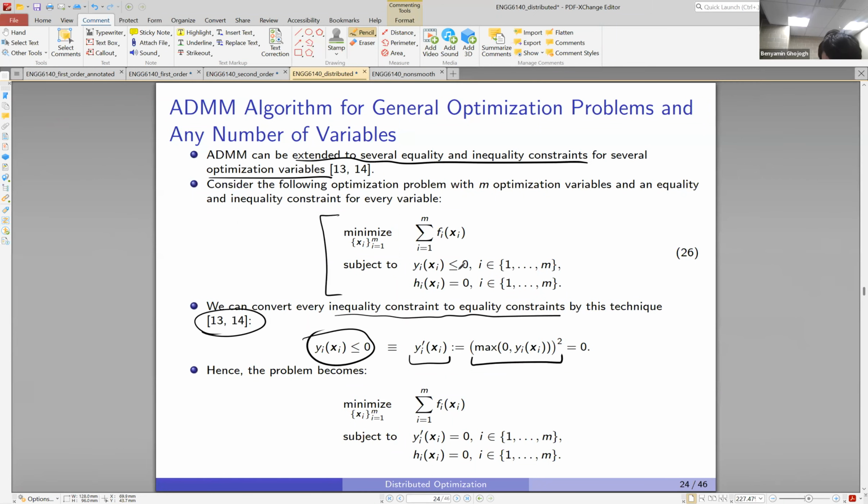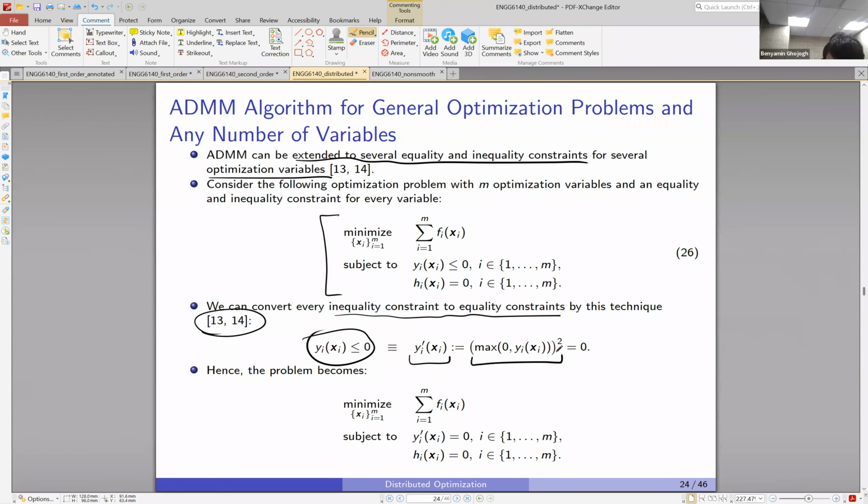Therefore, it can't be greater than 0. However, if it is less than or equal to 0, this term becomes 0, because the maximum of 0 and something less than 0 is 0, and this equality is satisfied. Therefore, using a good trick, we could convert this inequality constraint to an equality constraint.